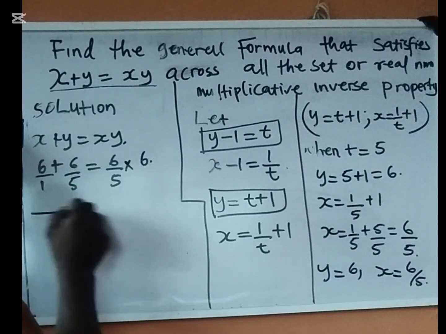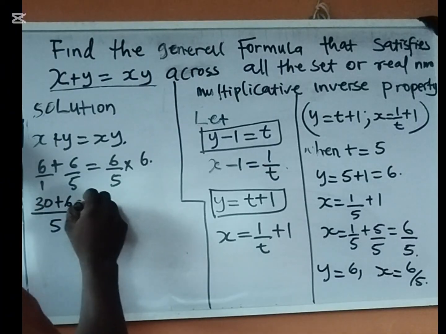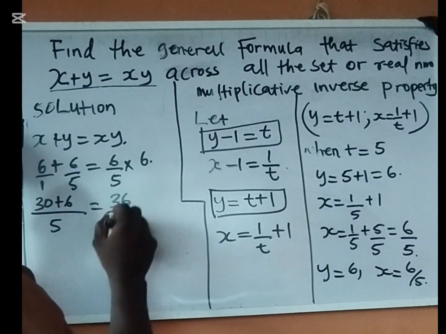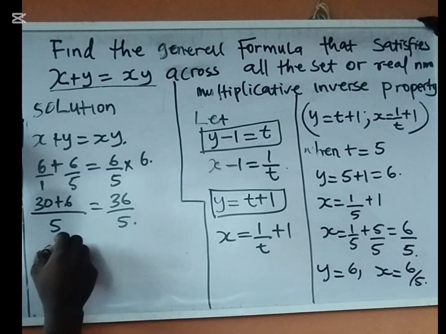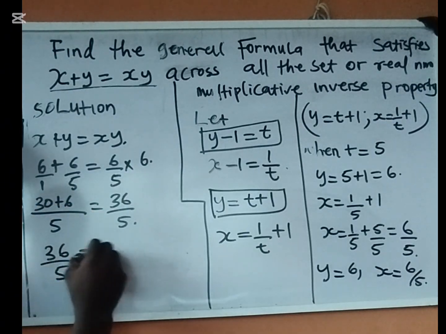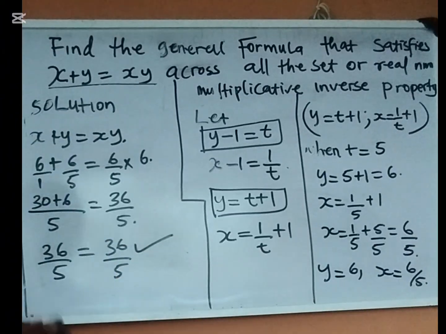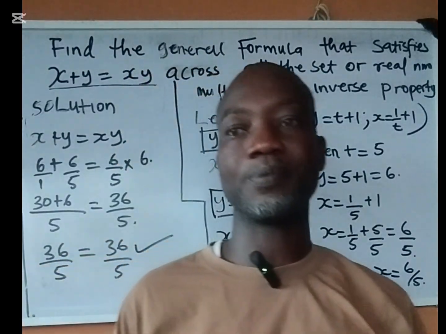Writing 6 as 30 over 5, this will be 30 plus 6 over 5, which is 36 over 5. And multiplying 6 and 6 over 5 we also get 36 over 5. So it's the same. Our formula is correct and we have solved the problem.